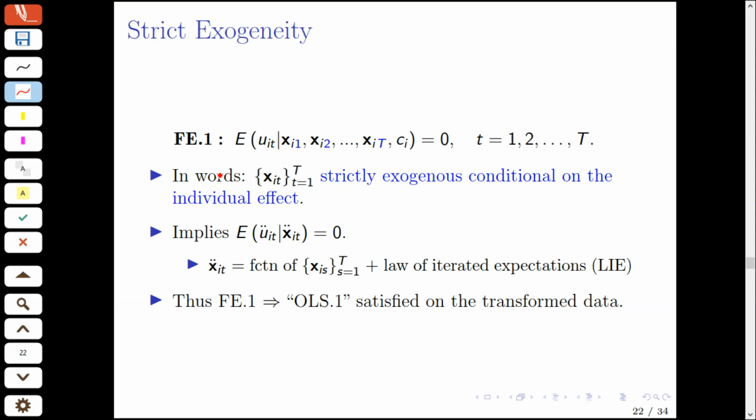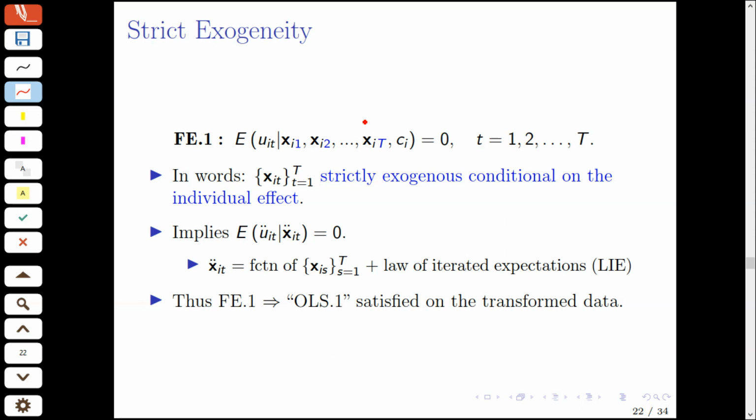That assumption, the assumption that we will work with thus far, is called strict exogeneity, and we will label it FE1 for fixed effects 1. The assumption states that the conditional mean of the unobservable uit, upon conditioning on both the individual effect and the regressors in all time periods t equals 1 through capital T, is equal to 0.